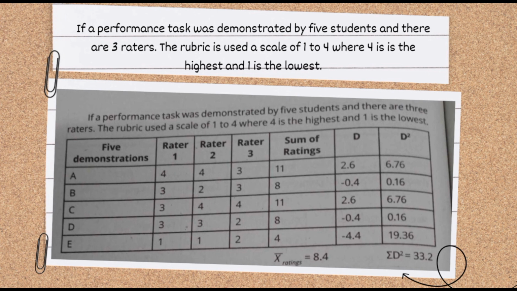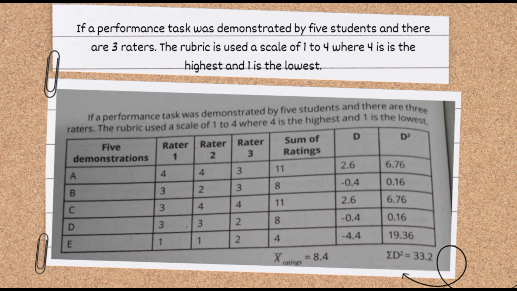Now, it says here that if a performance task was demonstrated by 5 students and there are 3 raters, the rubric used a scale of 1 to 4 where 4 is the highest and 1 is the lowest. As for the table, you can see there are 5 demonstrators, which are A, B, C, D, E, and 3 raters: rater 1, rater 2, and rater 3.